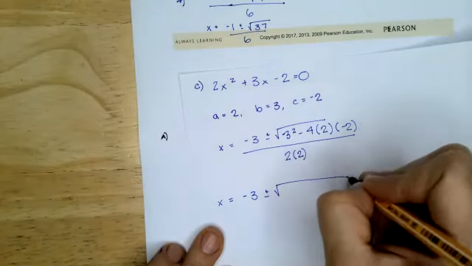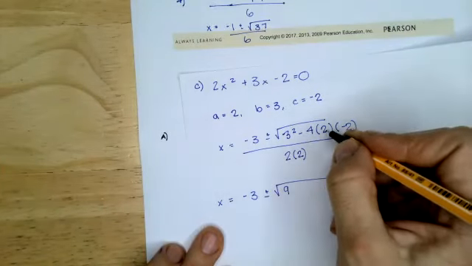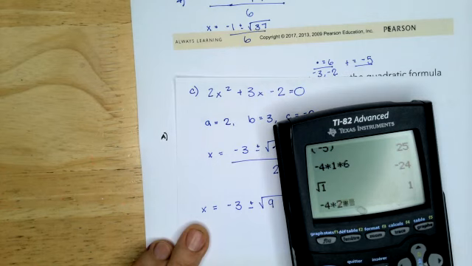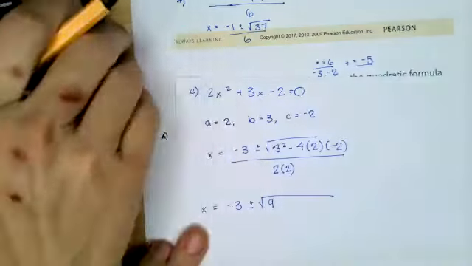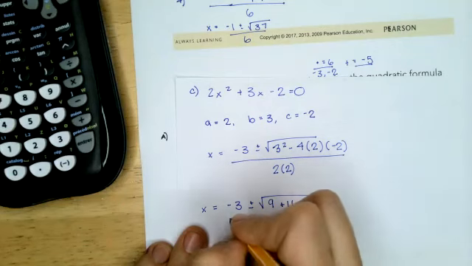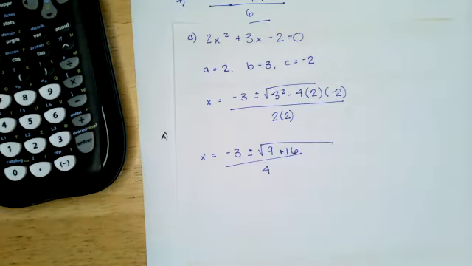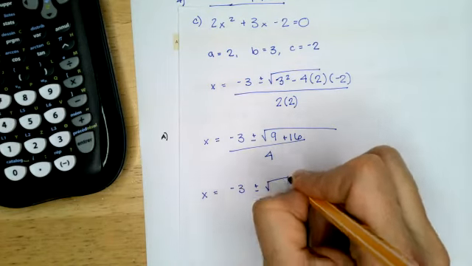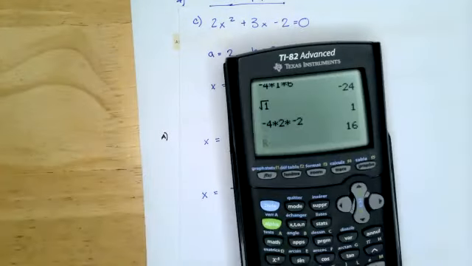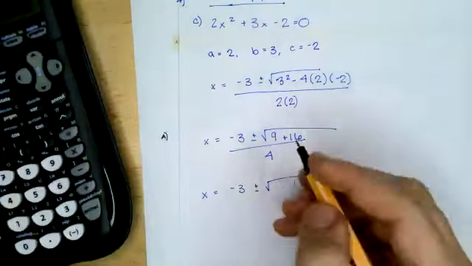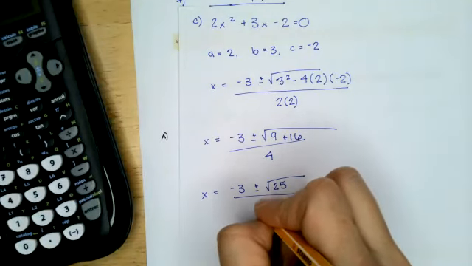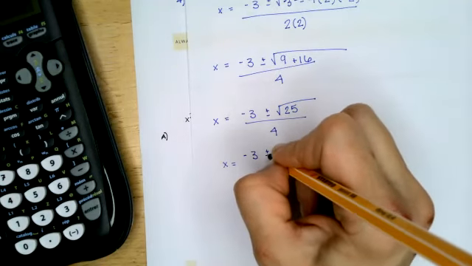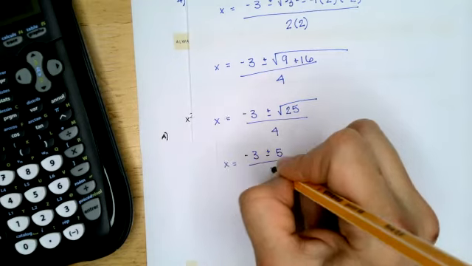-3 plus or minus 3 squared is 9. -4 times 2 times -2 is 16. Positive, so I'm going to say 9 plus 16 over 4. -3 plus or minus 16 and 9 is 25 over 4. -3 plus or minus the square root of 25 we know is 5 over 4.